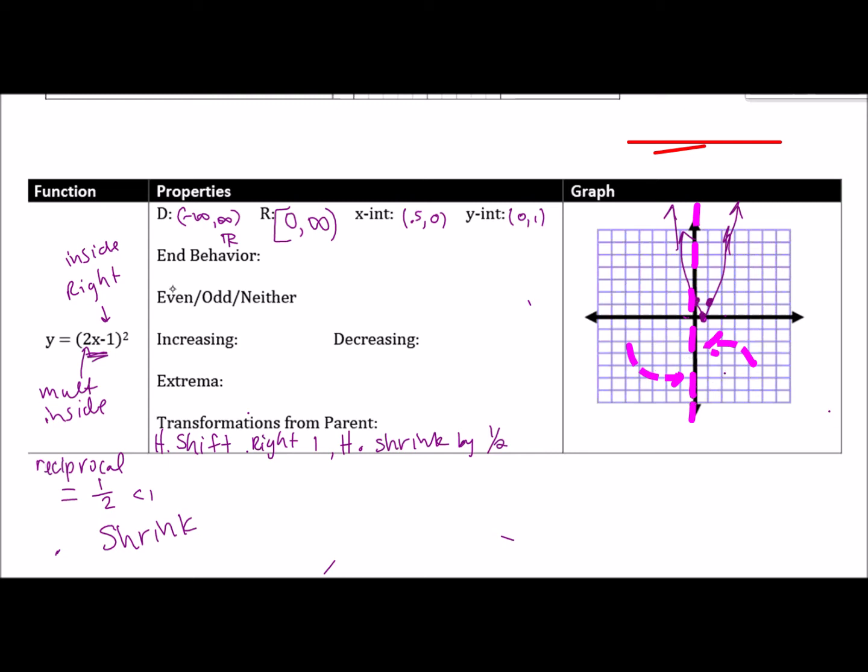So it can't be even. Now, odd would be if you took a pin in the middle of it and you turn the whole picture clockwise around the graph. If it produces the same picture, then it is an odd function. In this case, it doesn't, because then our parabola would be upside down. So in this case, it would be neither.